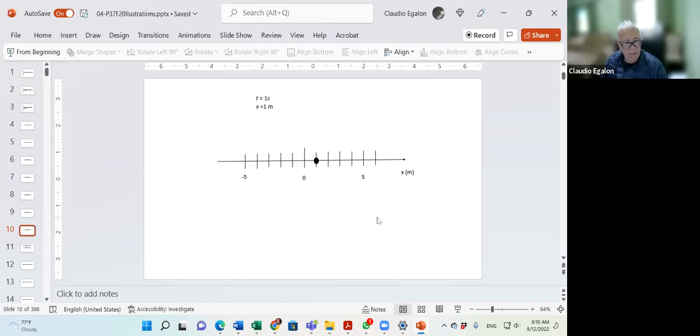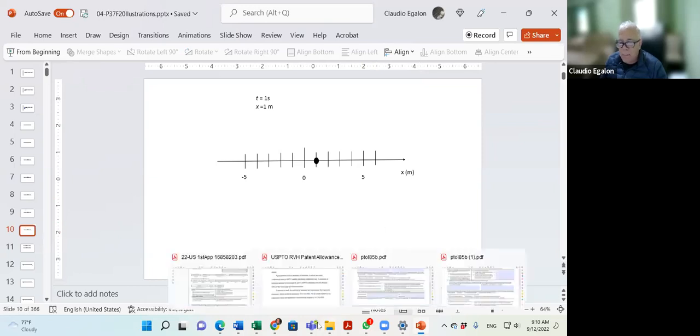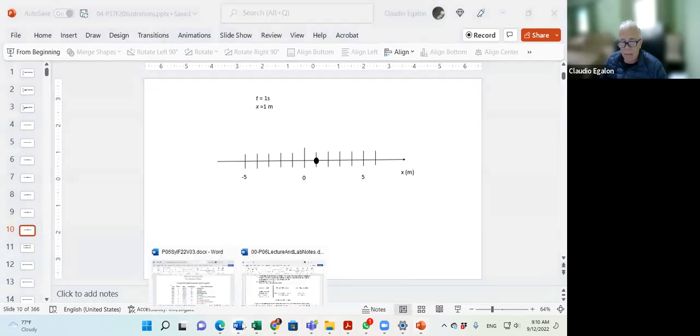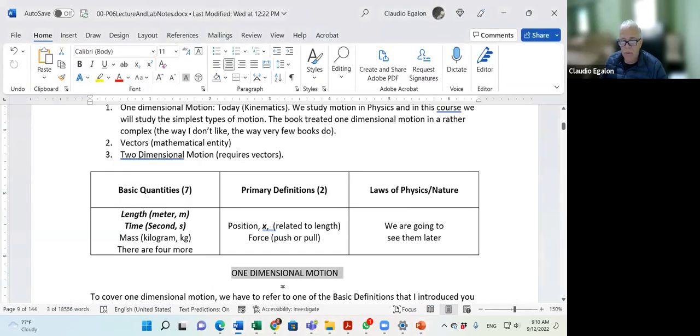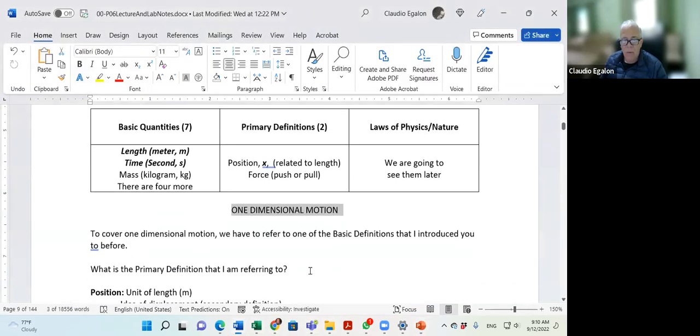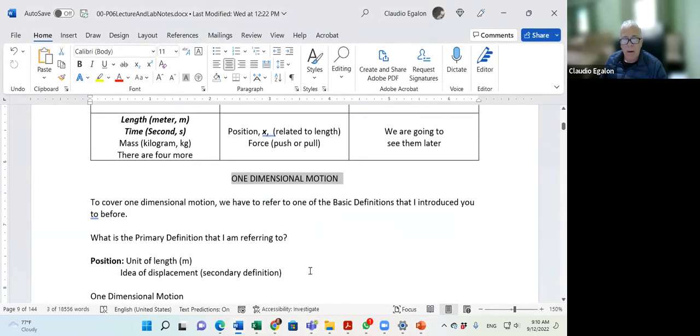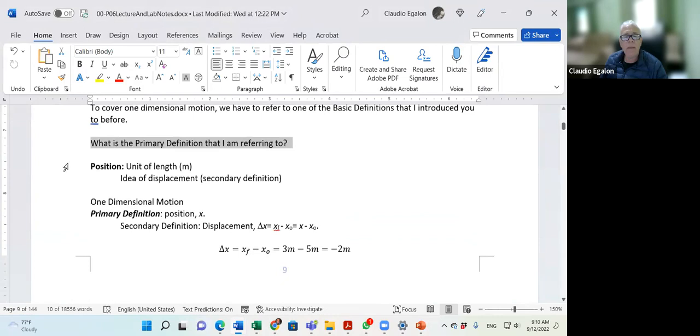So this is just an example of what I'm going to introduce to you right now. I'm going to introduce a new type of definition. So let's go back here to my notes. One-dimensional motion. Remember, in one-dimensional motion, we use the primary definition of position.